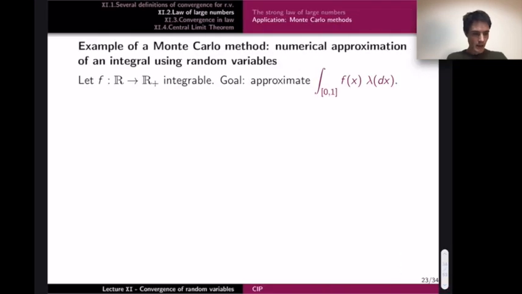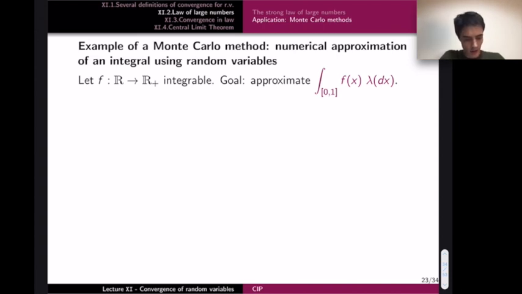Okay, and to close this part, just a nice numerical application of the law of large numbers. Actually, that's what we call a simple example of a Monte Carlo method. That's a very rich and powerful area of probability in mathematics.